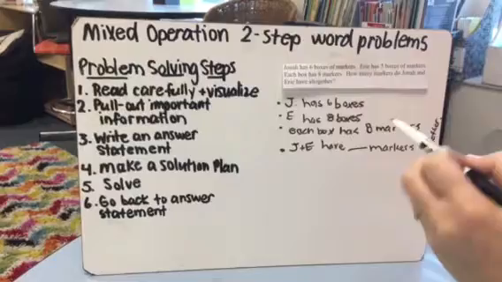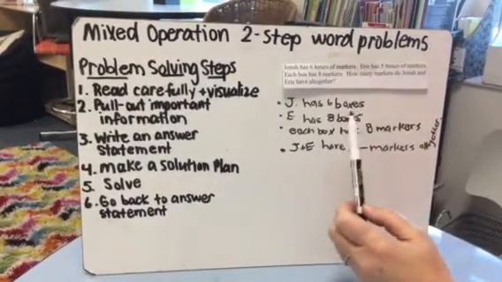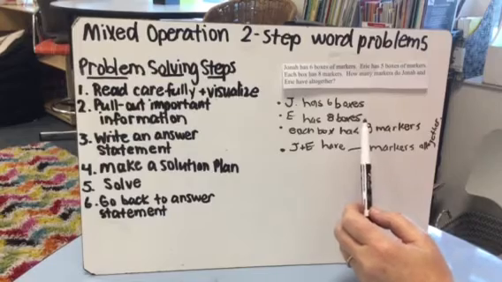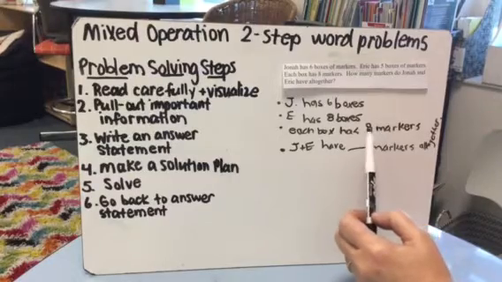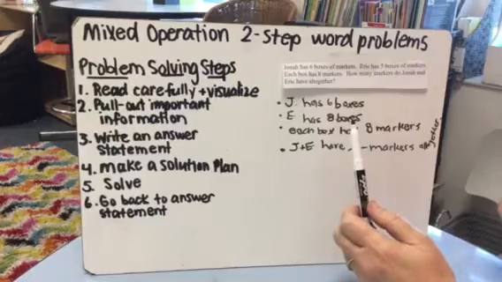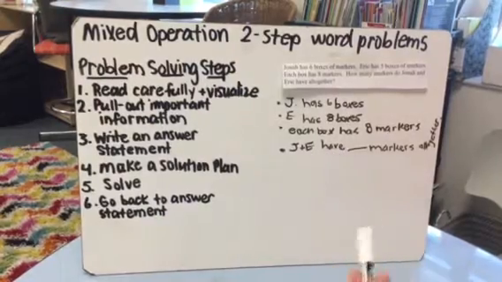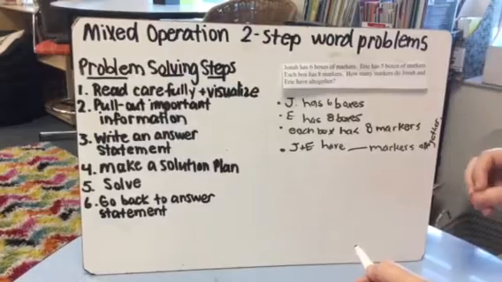So what I'm thinking is that if I add up their number of boxes, find out how many boxes the boys have altogether, then I can take that number of boxes and times it by 8 to figure out how many markers they have altogether. So my solution plan is that I need to add and then I need to multiply.